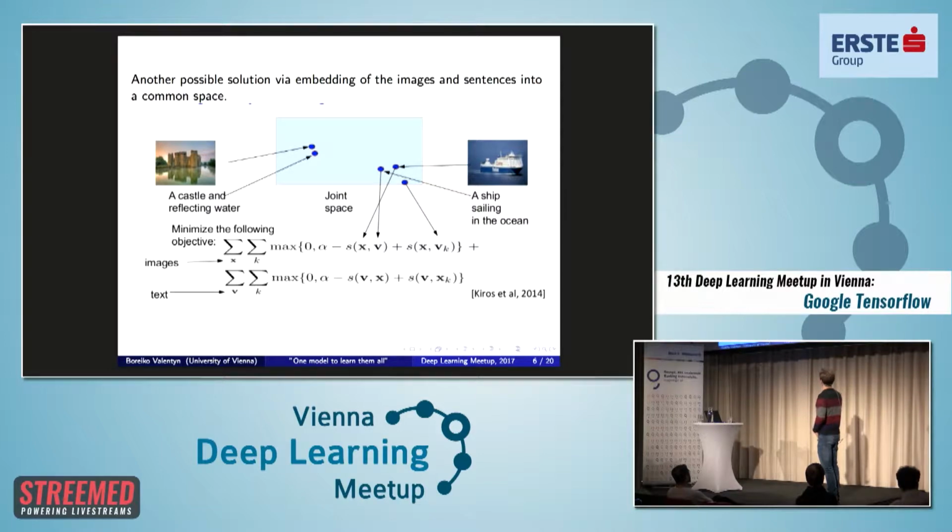And we then have a scoring function that measures the similarity between them. And we maximize, so to speak, the positioning of the similar images and text and try to minimize the false correspondence of the false text to the right image. So it's like embedding in the common space.